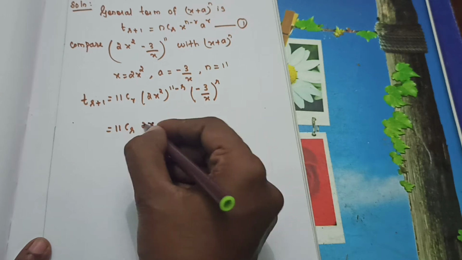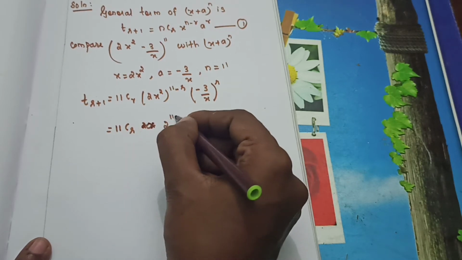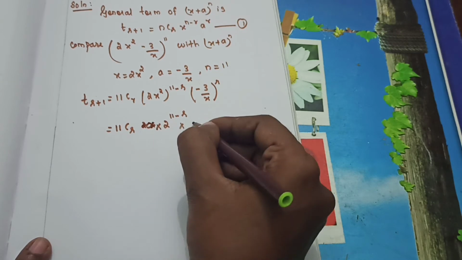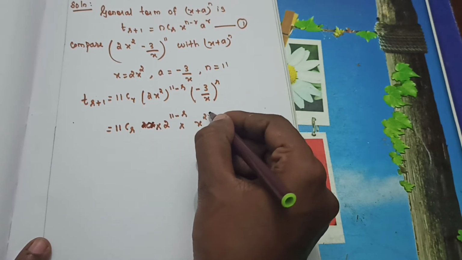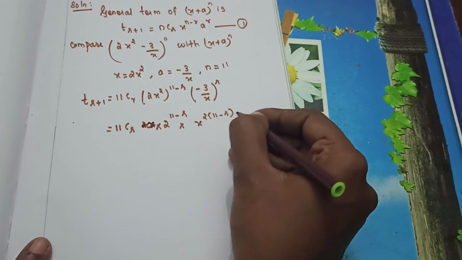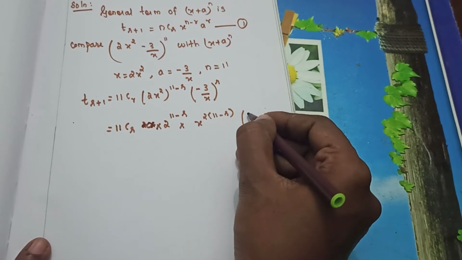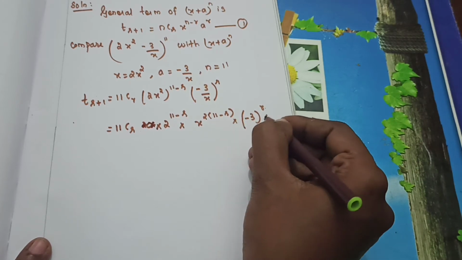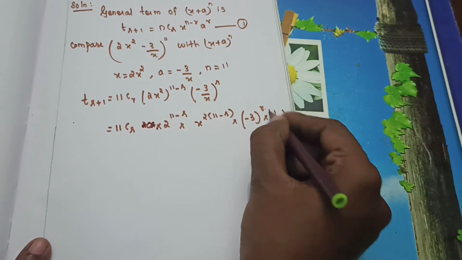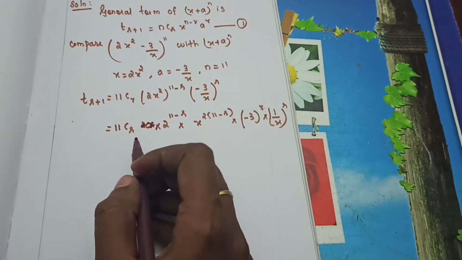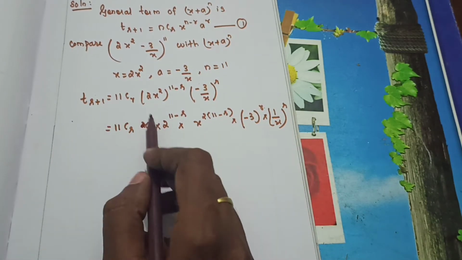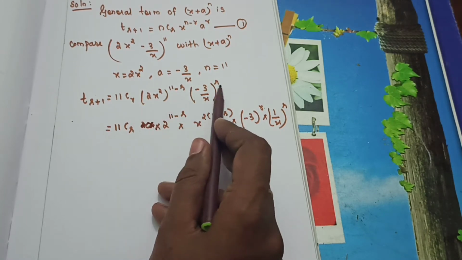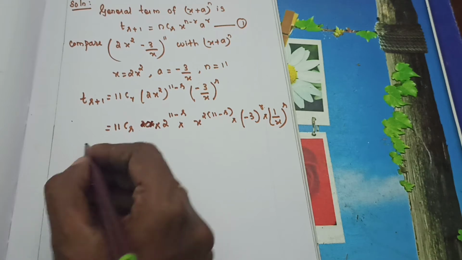We are going to split it as 2 power 11 minus r into x square into 11 minus r, then minus 3 power r into 1 by x the whole power r. What I did, I split all the terms: 11Cr into 2 power 11 minus r, x square the whole power 11 minus r, minus 3 separately, 1 by x separately.